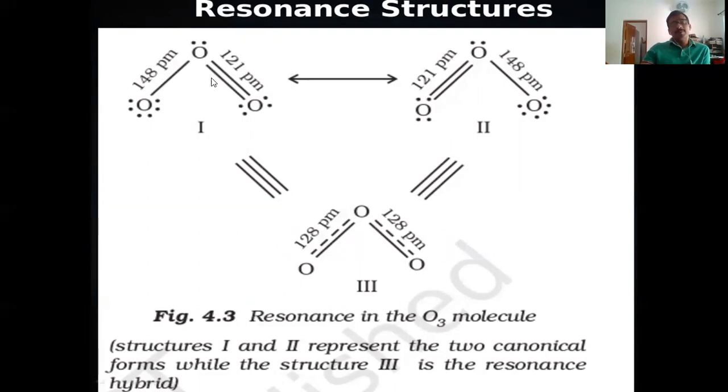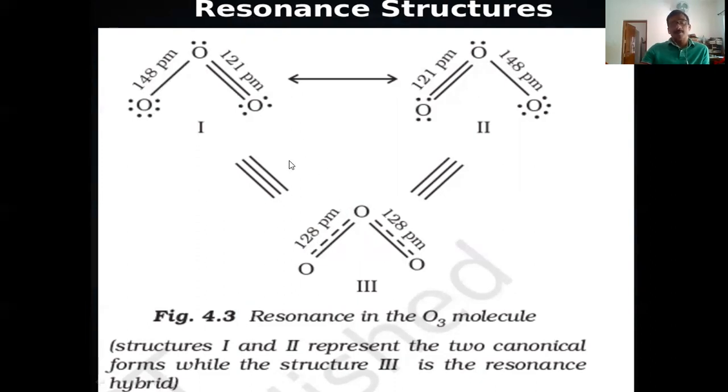And if you are using this structure, this bond has 121 picometer length and this bond has 148 picometer length. Is it possible to explain this property with the help of this structure? No. Here two types of bonds are there, 121 picometer and 148 picometer. But advanced spectroscopic measurement showed that it has only 128 picometer length.